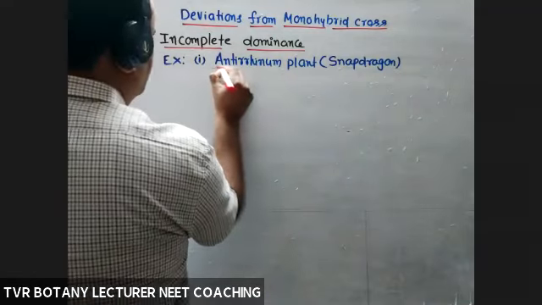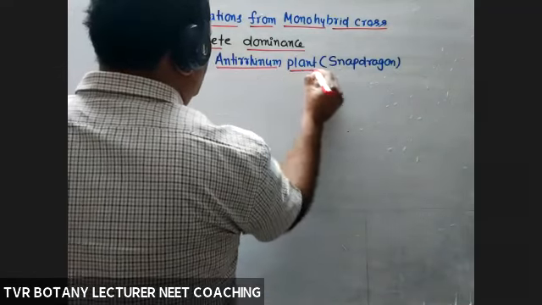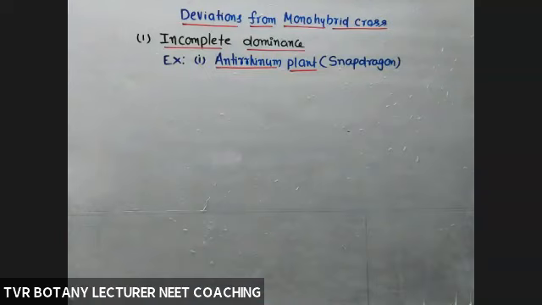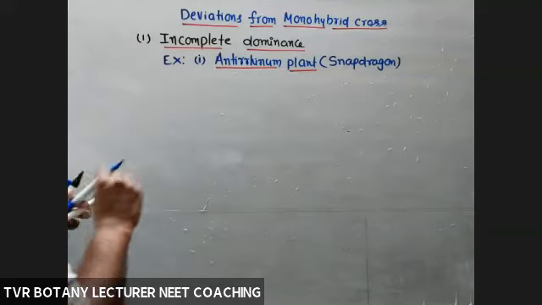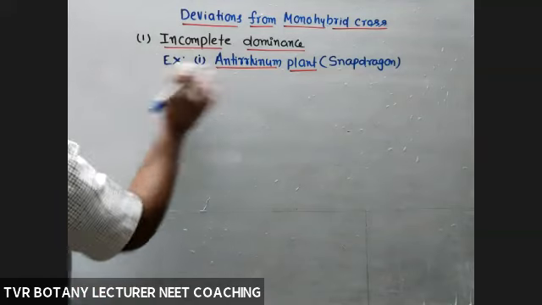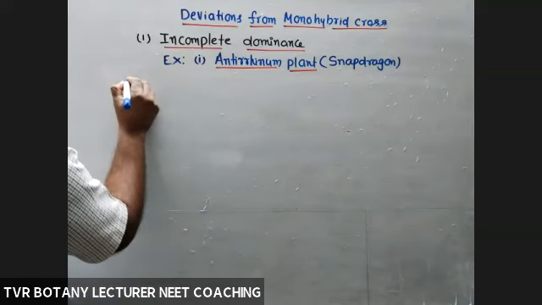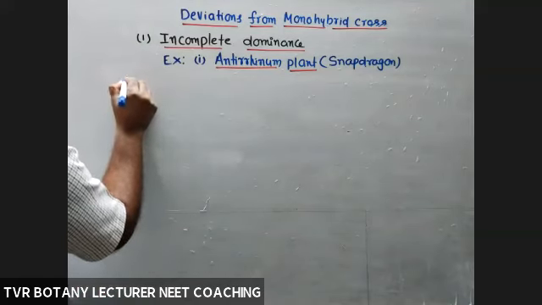Antirrhinum plant shows incomplete dominance. So what about that incomplete dominance in the case of Antirrhinum plant? Antirrhinum is one type of plant.